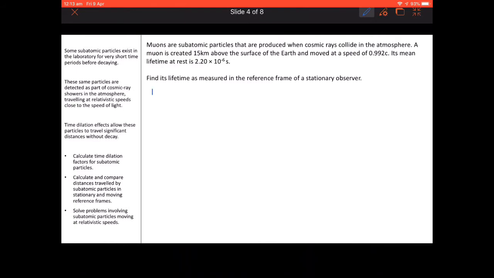That equation is T is equal to the Lorentz factor times time in the moving reference frame, and that is of course equal to 1 over the square root of 1 minus v squared, so the relative velocity between the two reference frames squared, over the speed of light squared, and then times the time period in the moving reference frame.